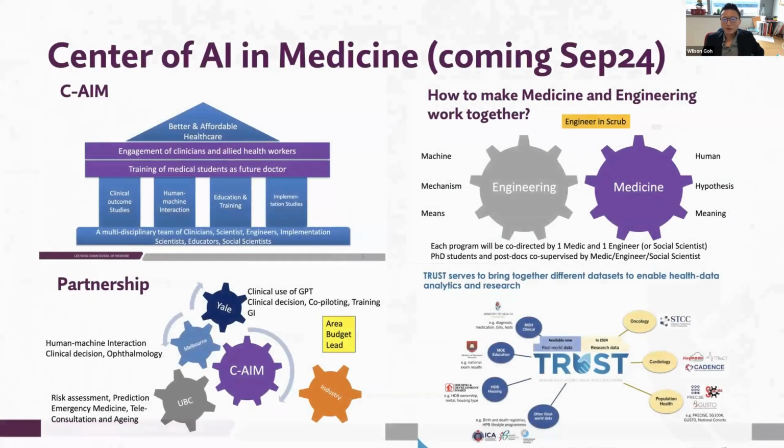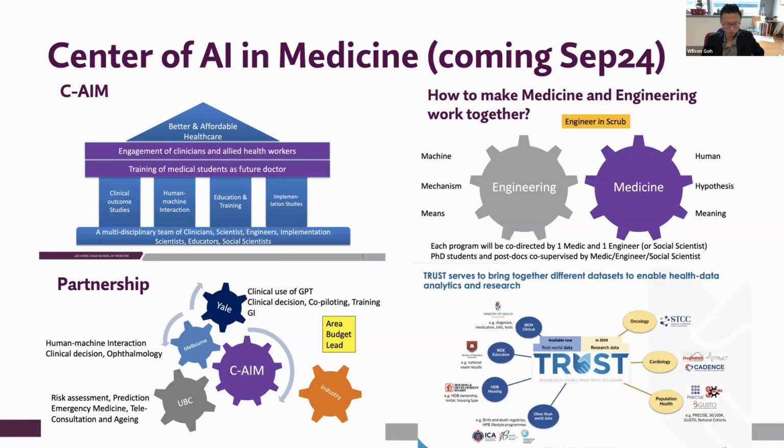So a little bit of advertisement on what's happening in Singapore to effect what we have found so far. The center that we want to build, the Center of AI in Medicine, will be a multidisciplinary collaboration between clinicians, scientists, engineers, implementation scientists, educators, and social scientists. We want everyone to work together.